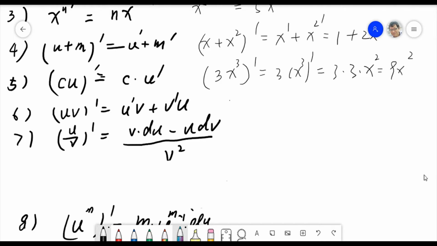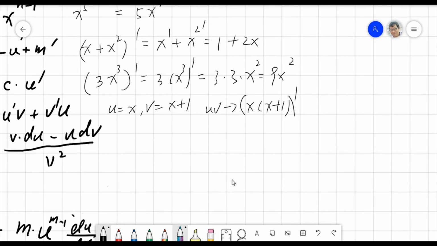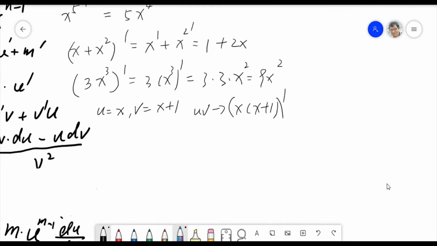If u equals x, v equals x plus 1. So uv will be x times (x plus 1), prime. So now the result is u prime, x prime, times x plus 1, plus copy x, u, and v prime, right?